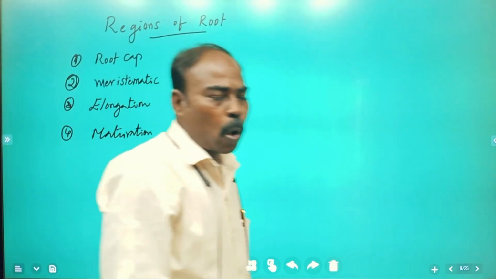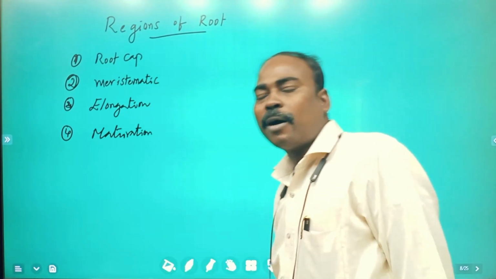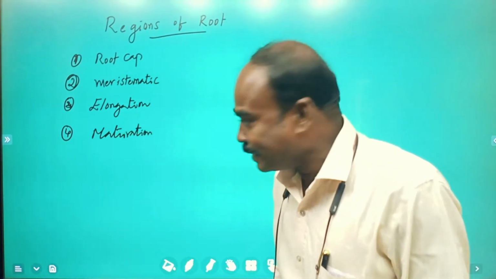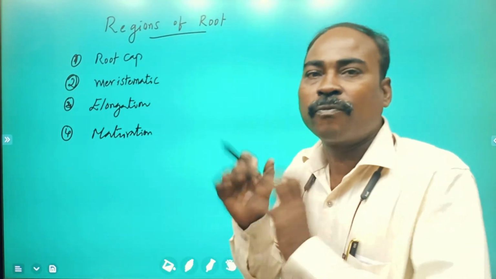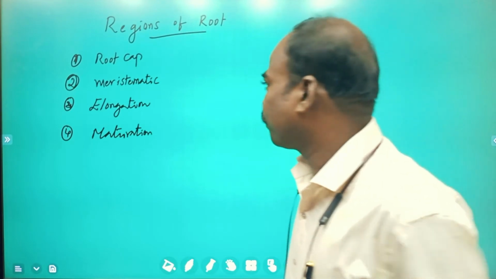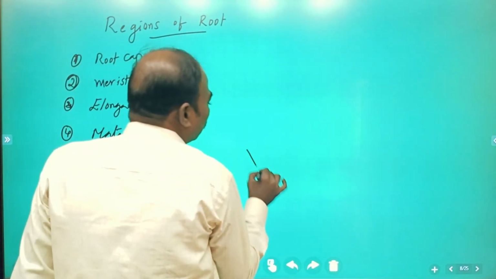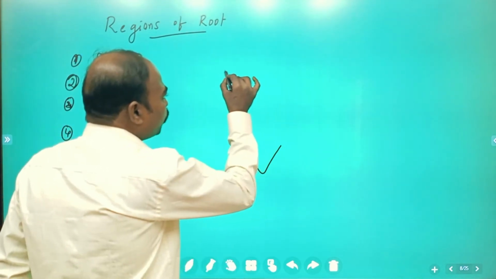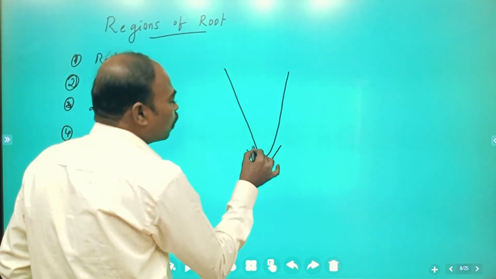So meristematic zone or meristematic region, elongatory zone or elongatory region, maturation zone or maturation region, along with root cap. These are the 4 main regions found in a root. Let us see diagrammatically. A root cap. This is a thimble shaped or thimble like protective structure.